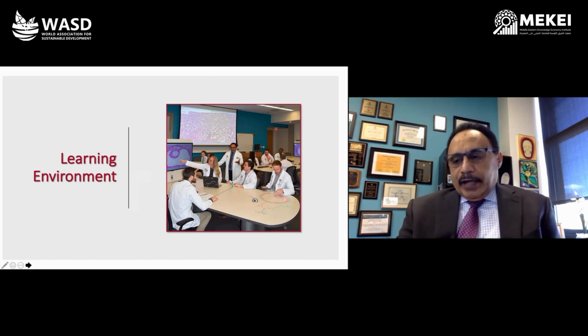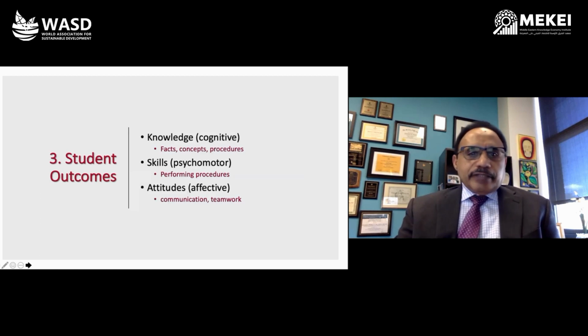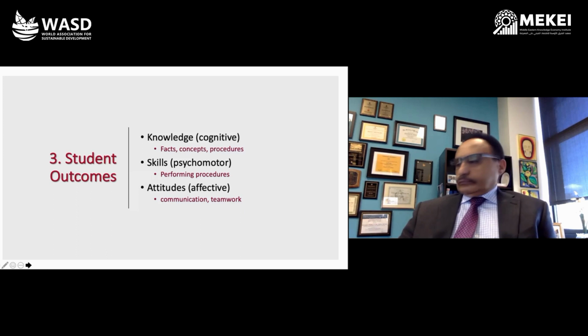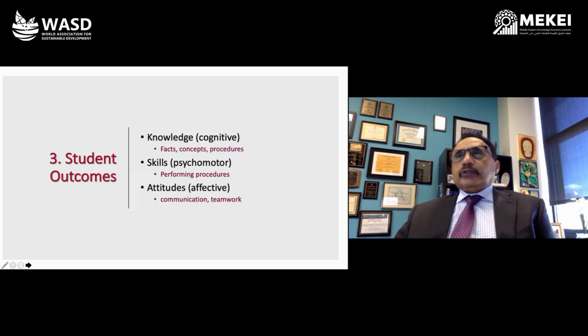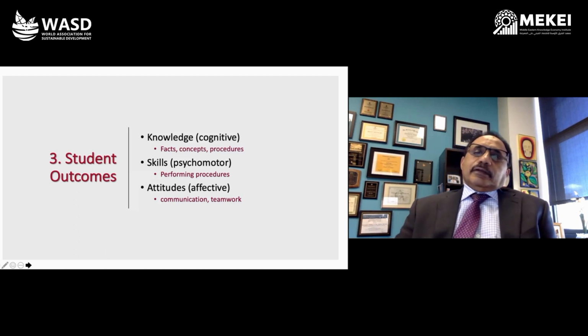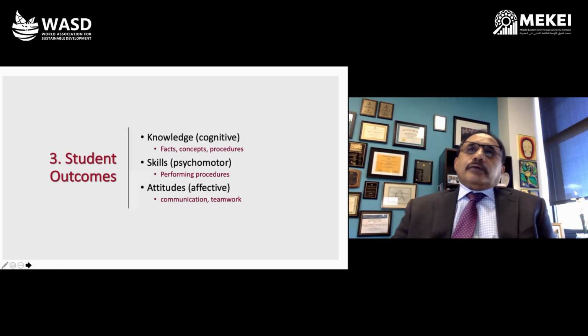Okay, now the last part, which is the student outcomes. Usually they look at it from the knowledge, skill, and attitude, or the cognitive, psychomotor, and affective domains.